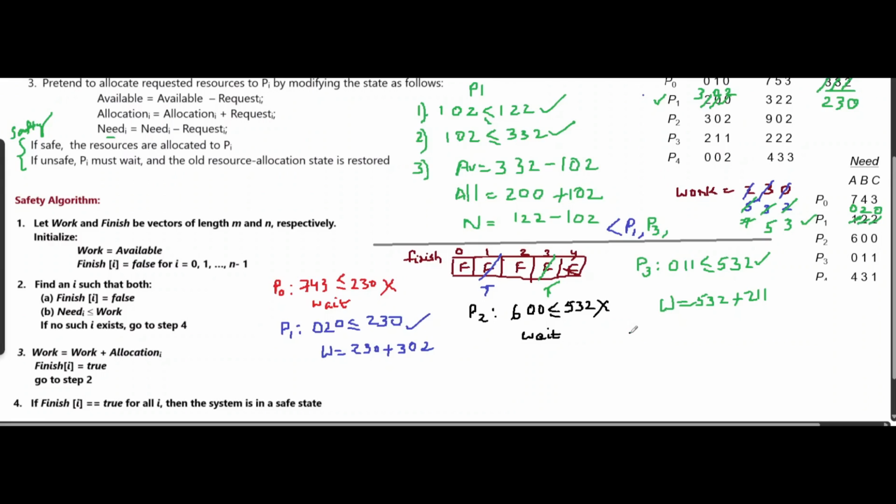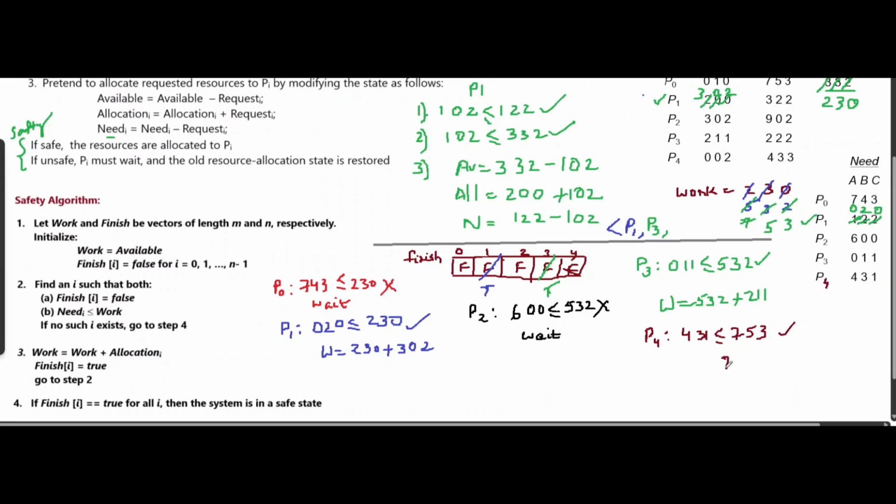Let us take P4. P4 is Finish false only. Now it has to take its Need. What is P4's Need? Its Need is 4 3 1, which is less than or equal to 7 5 3. Yes, it is true. Then what do we need to do?